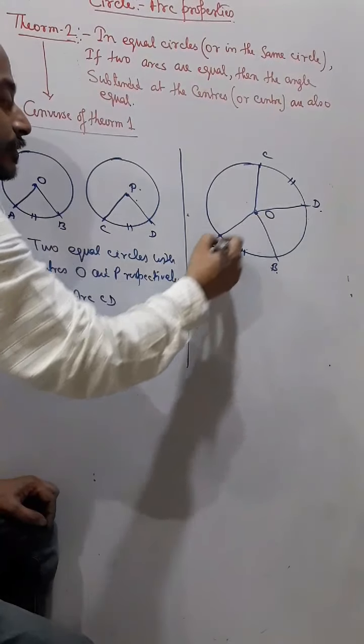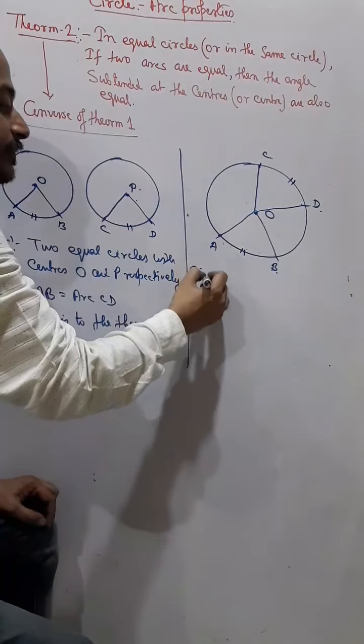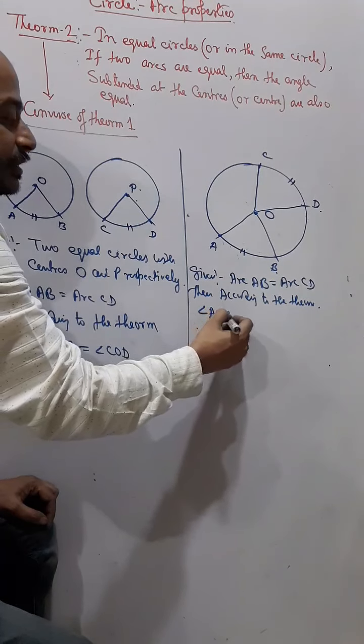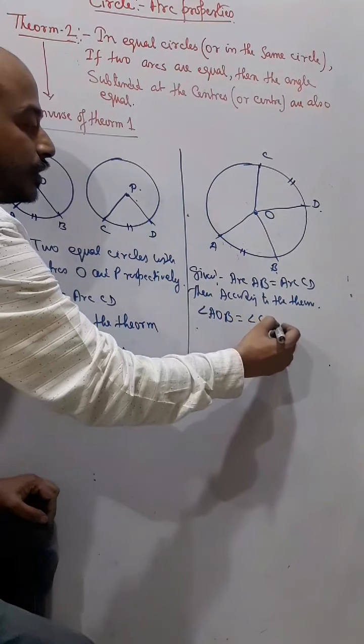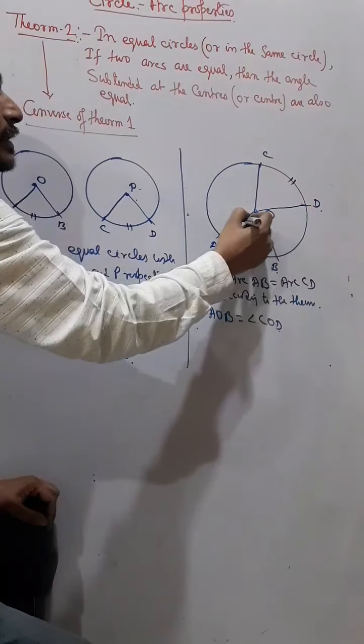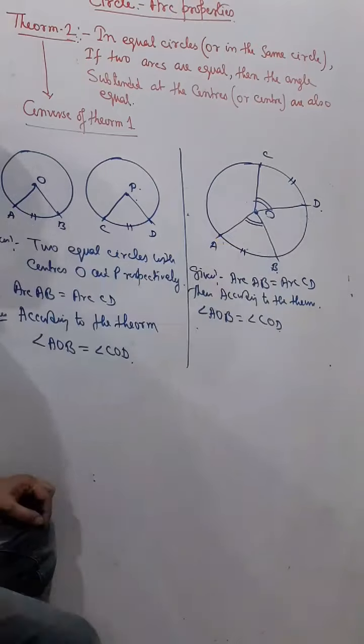So therefore here I can say, given arc AB is equal to arc CD, then according to the theorem, angle AOB is equal to angle COD. So that means if this arc is equal to this arc, then this angle is also equal to this angle. Understand?